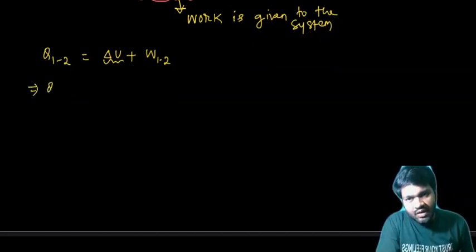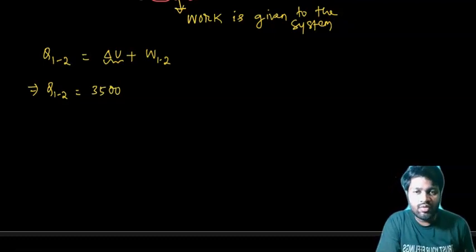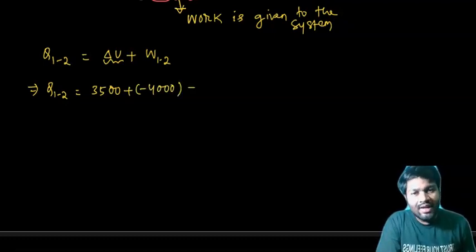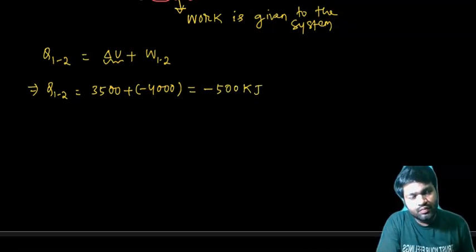Here Q1 to 2 will be equal to del U, which is given to us as 3500, in kilojoule, and W1 to 2 is plus, and here this will be 4000 negative, right? And if we calculate this, then we get minus 500 kilojoule, right?